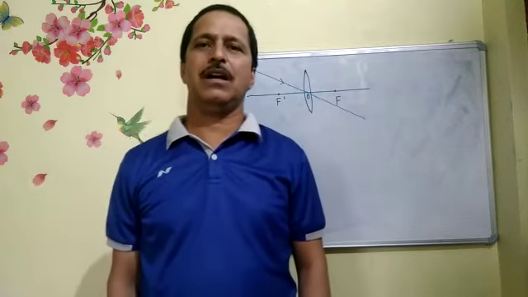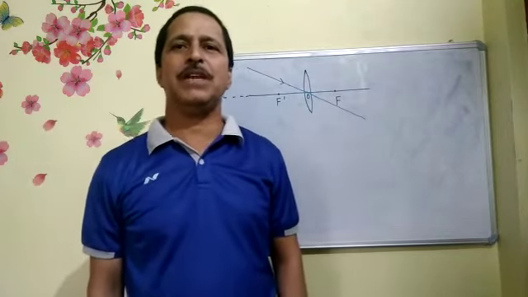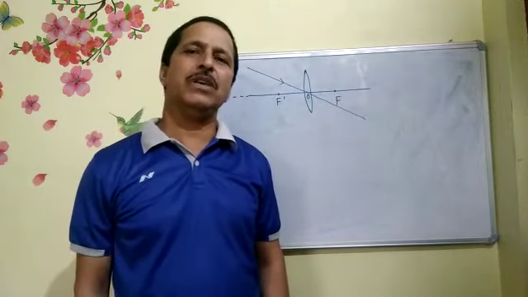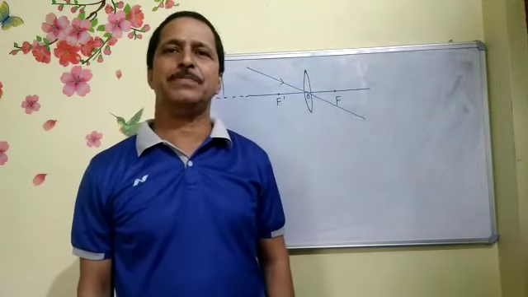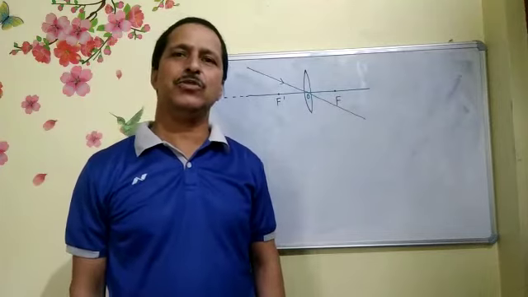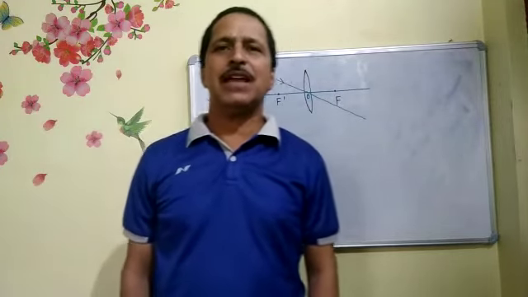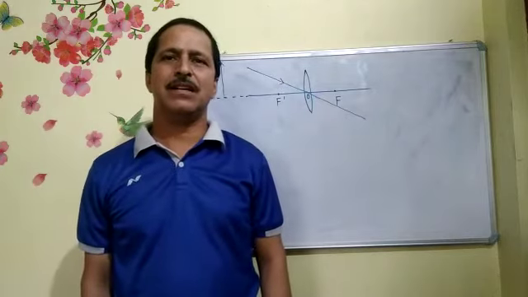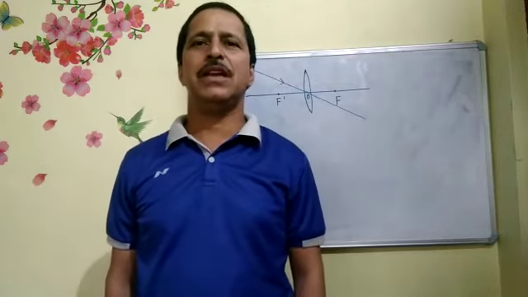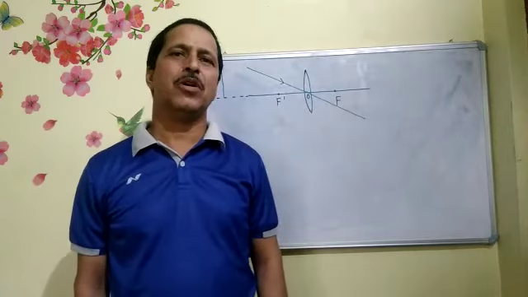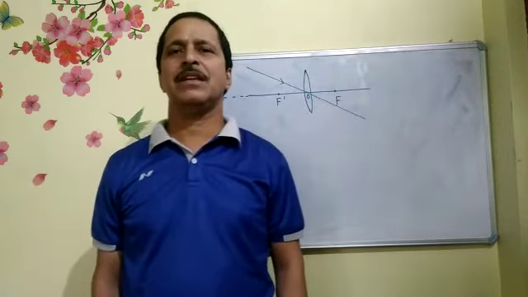Today I would like to explain to you how images are formed by spherical lenses using ray diagrams. Before we draw the ray diagrams for the lenses, I would like to tell you some rules for drawing the ray diagrams.